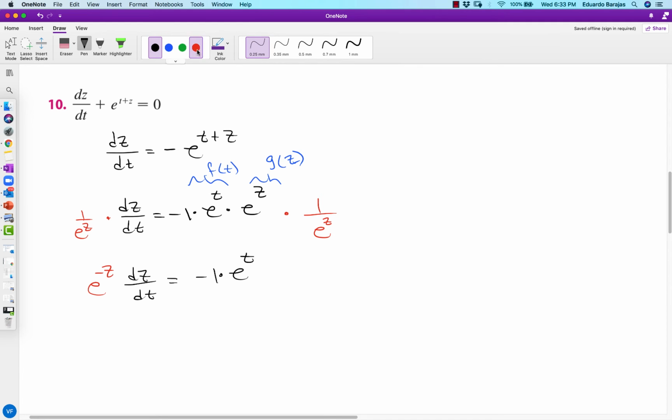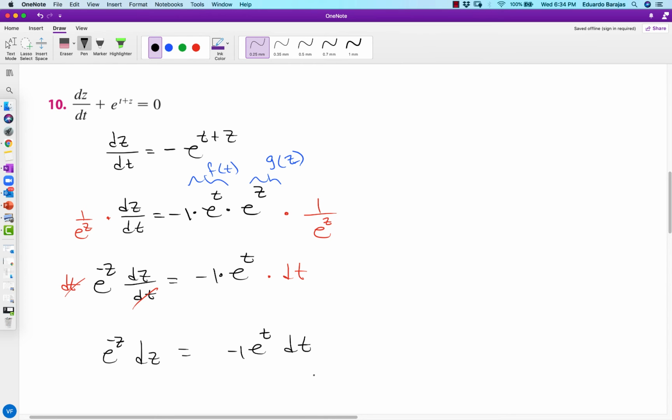And now I'm going to multiply both sides by dt. This guy cancels, this guy cancels. And so I'm left with e to the negative z dz equals negative 1 e to the t dt.